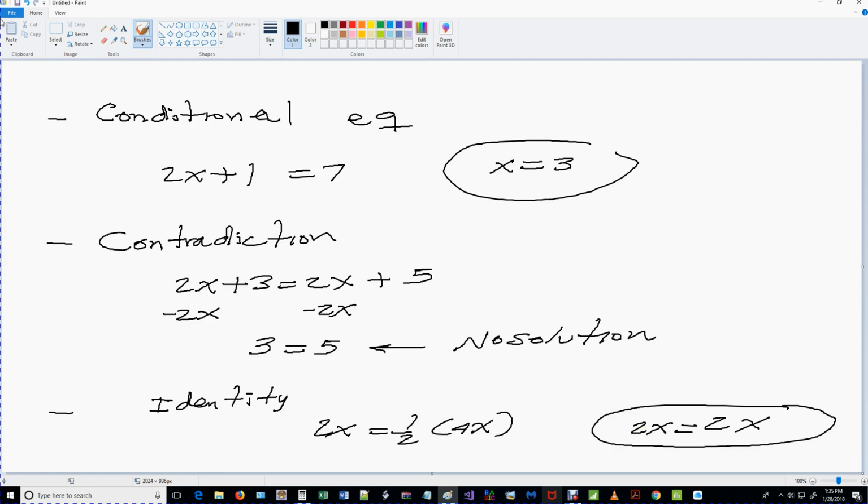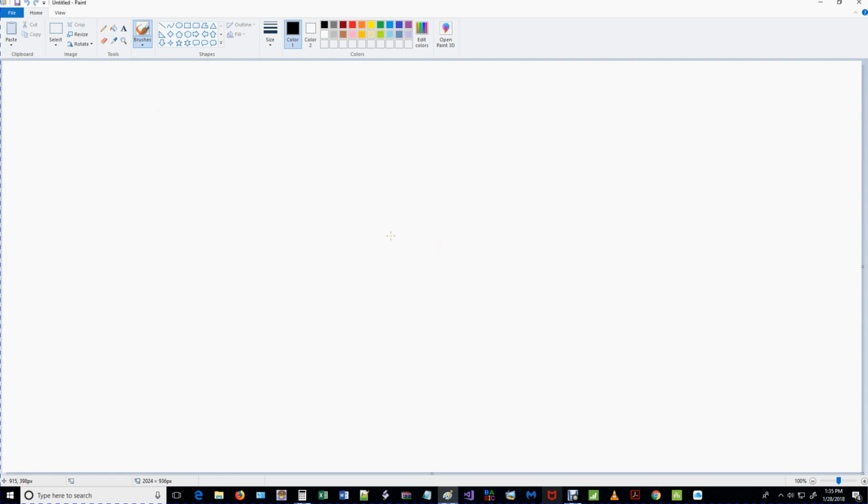Now next, this will be number 3. And the question is, you need to classify the equation 7x minus 7 equals 2 times 3x plus 4 minus 1.